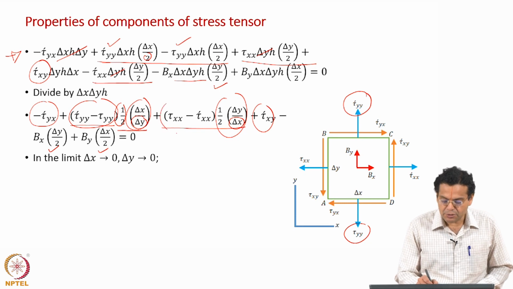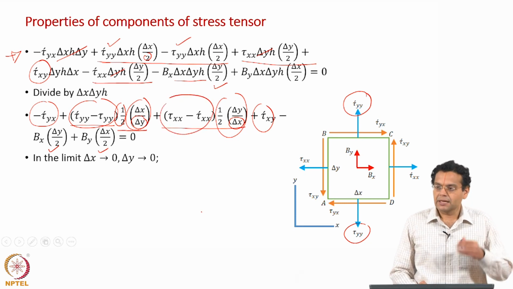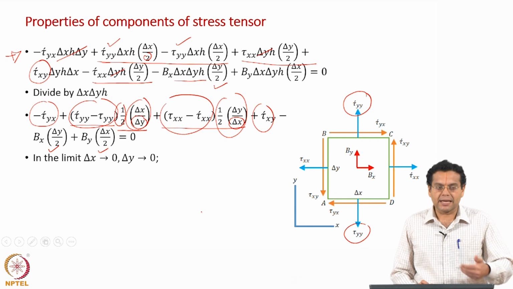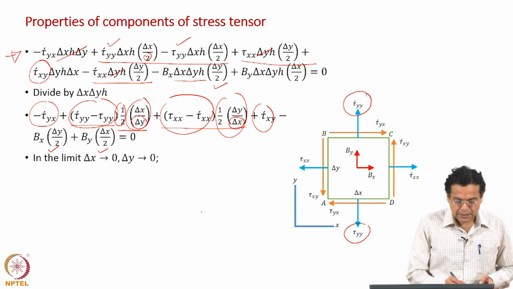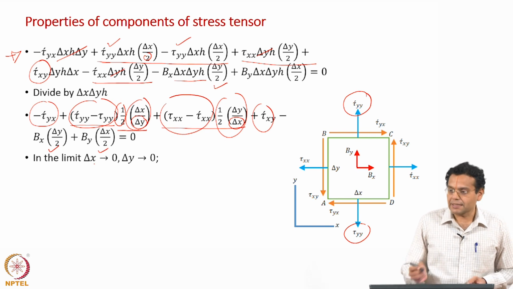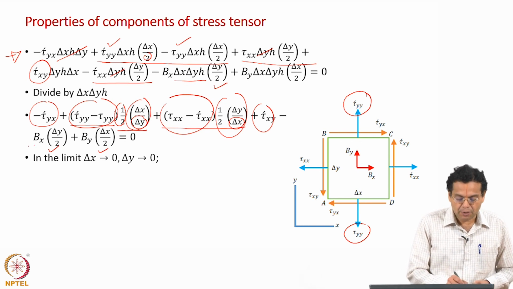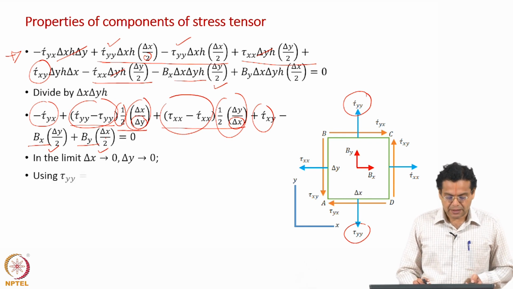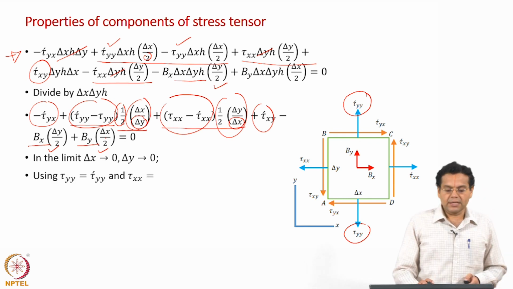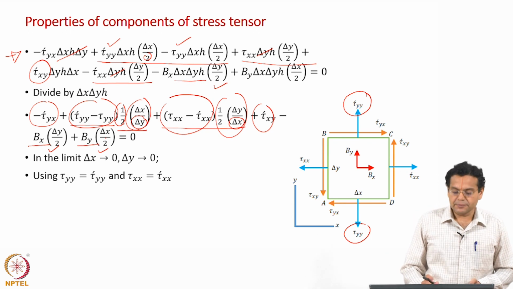Similarly, these two terms along the x axis, tau x x is equal to tau x x dash, that is what we proved earlier. So that term will also become 0. Now because delta x delta y tends to 0, these body terms also will not contribute. So what is left are only the shear stress terms.